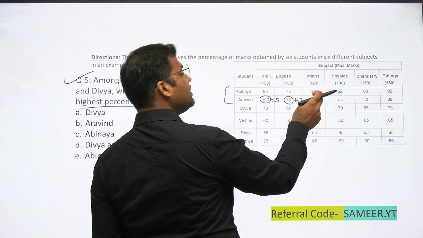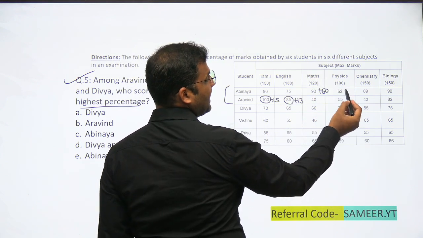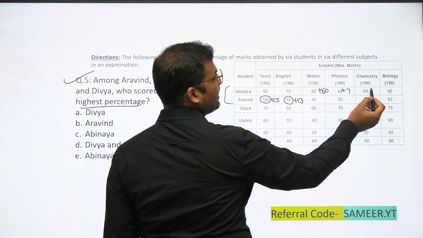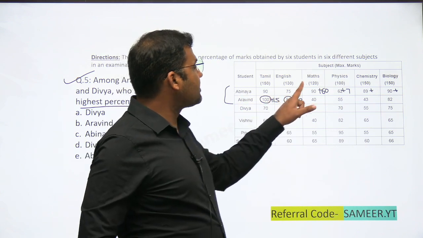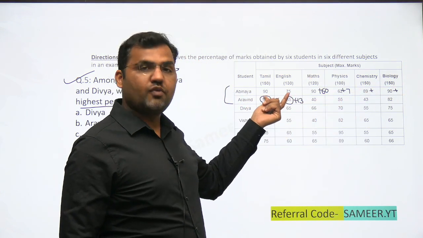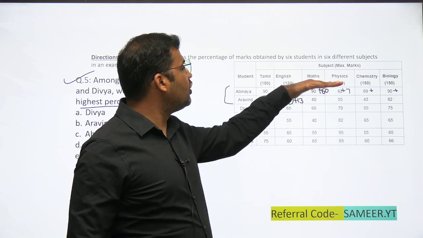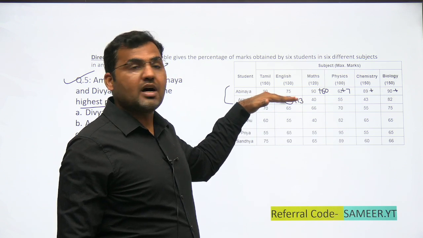This will give him 50% of 120, 60, a lead of 60 here. Again a lead of 7%, again a lead of value here, again a lead of 8%. You see that Abhinay has a lead over 4 subjects, however Arvind has a lead of only 2 subjects, and the lead of Abhinay in 4 subjects is much more than the lead of Arvind in 2 subjects.